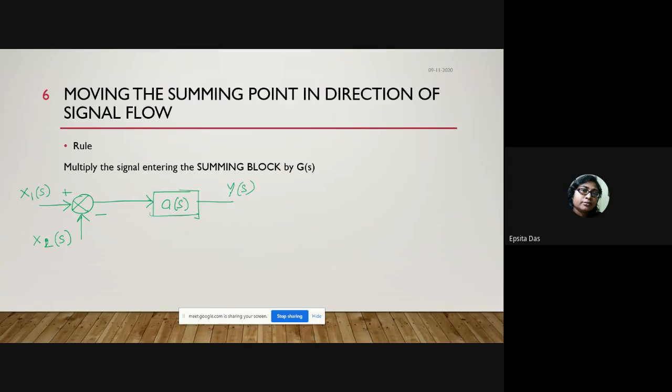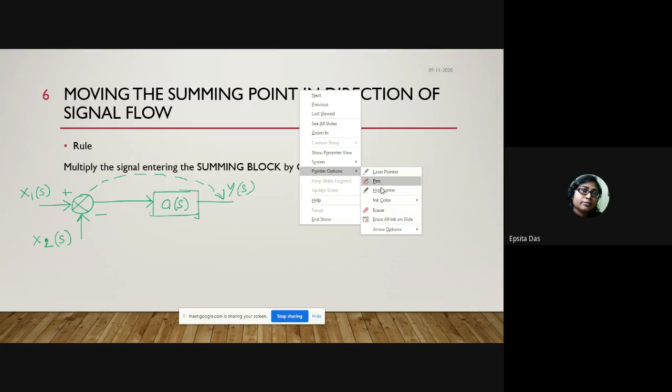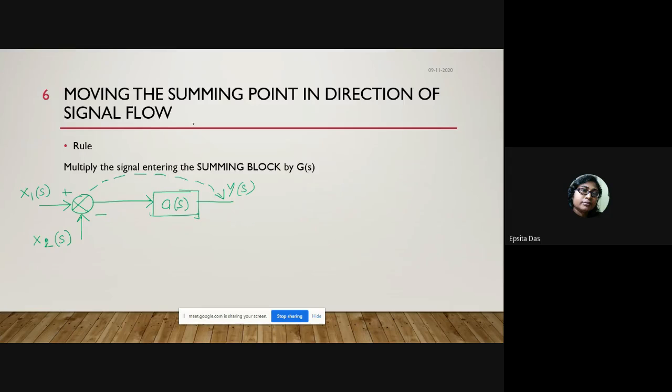Now I want to move this summing point to the right hand side of the gs block. What will be the changes? Can anyone tell me how we will move it?